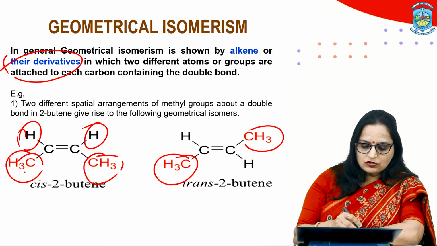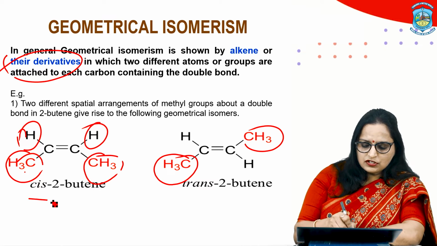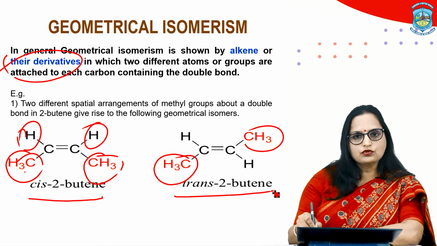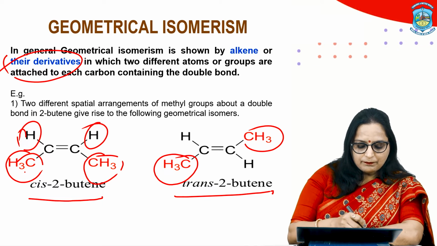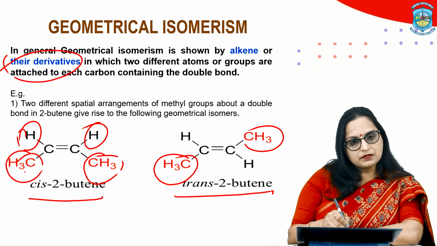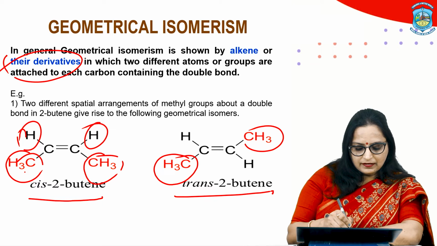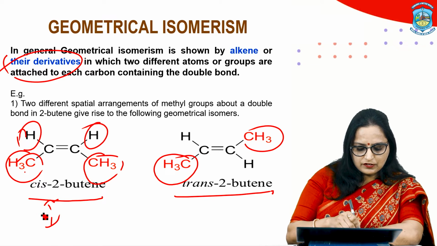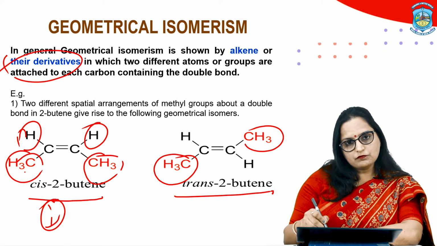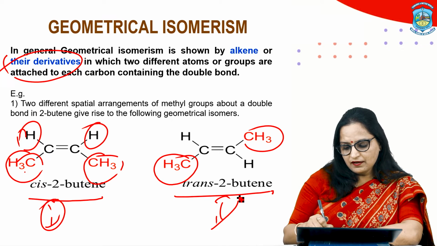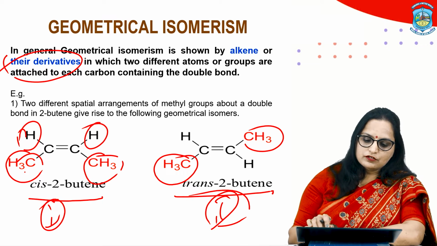As we can see in the structure, we have cis 2-butene and we have trans 2-butene. That means if the placement of two similar groups is on the same side, then we have the first type of geometrical isomerism. If the placement of the groups is on the opposite side, then we have another type of geometrical isomerism.